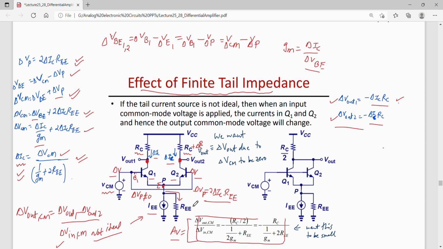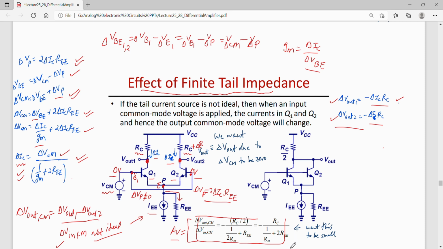Now earlier we had commented some time back that if a common mode input signal is applied, that is an input signal which is common to both these two transistors, common meaning the magnitude is the same and the phase is also the same, then the differential output should be 0. But in this case the differential output is not 0.